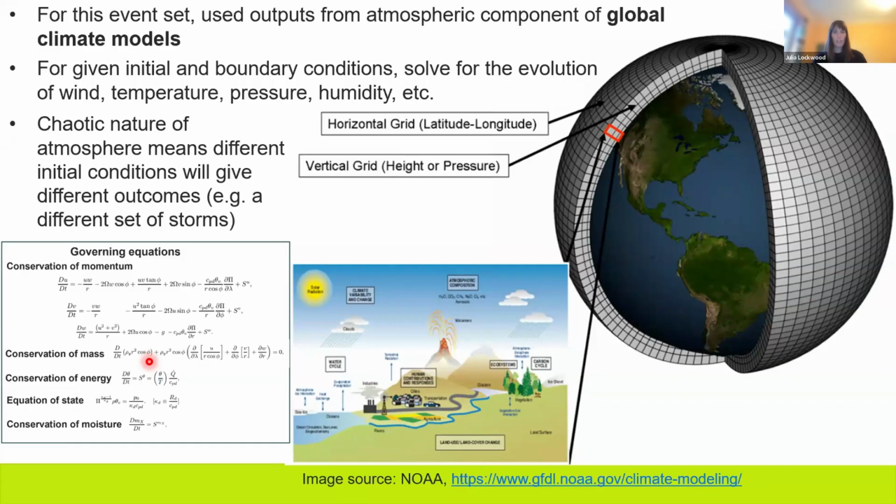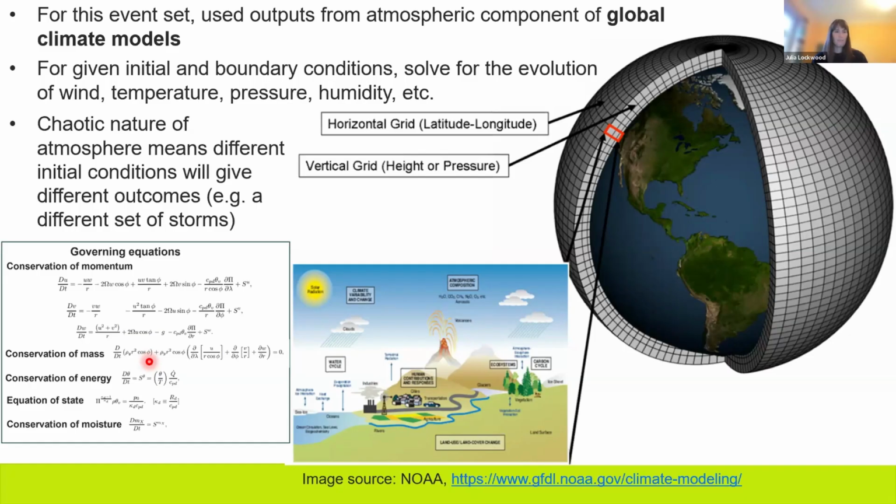Those are called the prognostic variables, the ones that appear in your differential equations. From those variables, you can derive everything else you want to know about the atmosphere, like precipitation rates, snow cover, cloud cover.